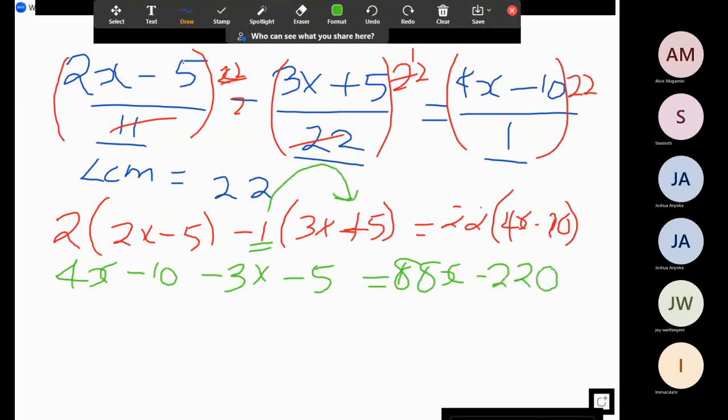Then like terms together, this and this one gives us x. And then we bring this one to this side. We have x minus 88x.